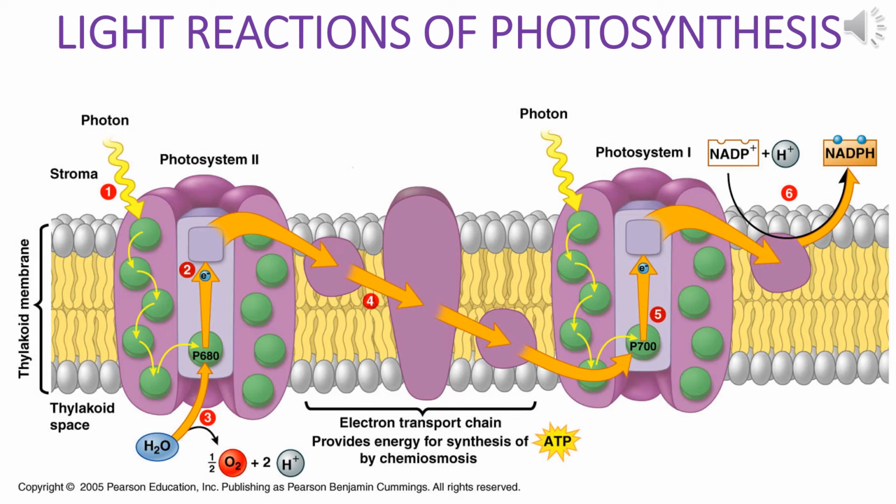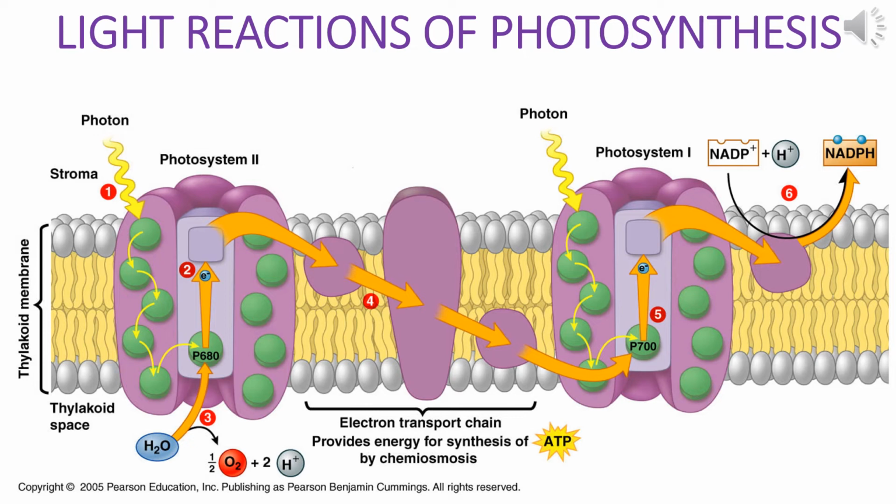And in this figure we can see that water is utilized, oxygen and protons are released, ATP is released, and NADPH plus H plus also is released. So these are the products of the reaction. Of these, the electrons released from water are transported along the electron transport system.